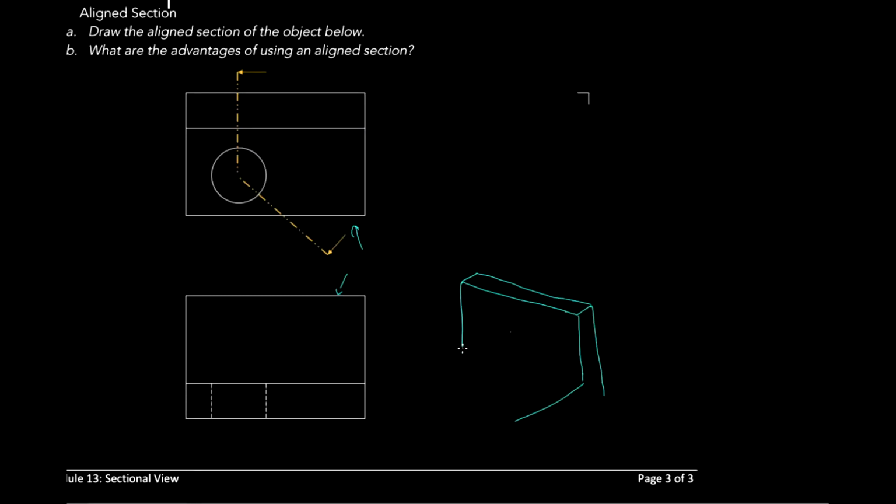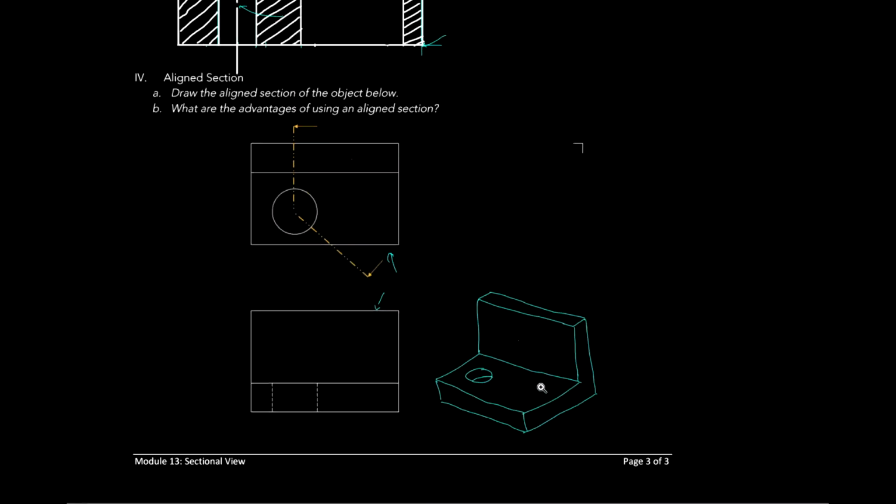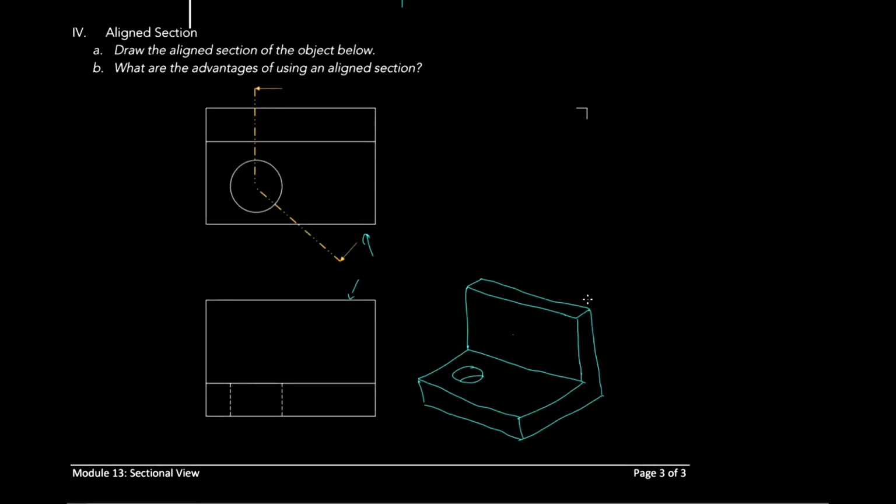Tama? And you can agree with me or not. Baka may iba kayong interpretation sa object na to, pero the way I see it is parang ganito yung object, no? Parang siyang L type na object with a circular hole dito sa baba, no? Parang ganyan. That's how I imagine this object.